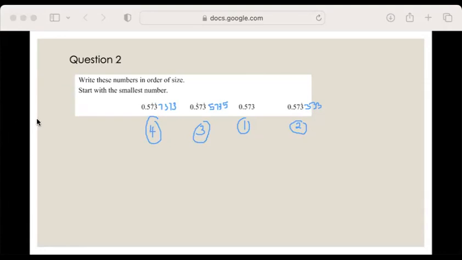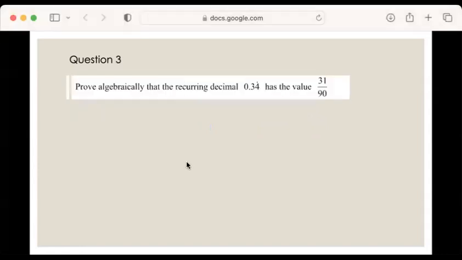Right, let's move on to the next question now. Question number 3. This question says, prove algebraically that the recurring decimal 0.34, where the dot is on the 4, so there is one recurring number, has the value 31 over 90.